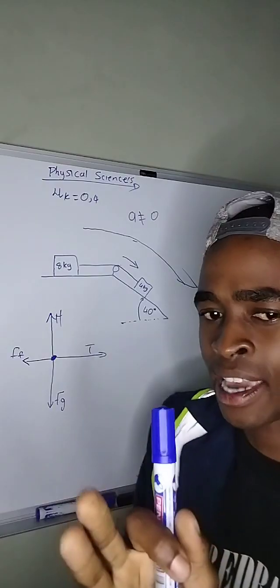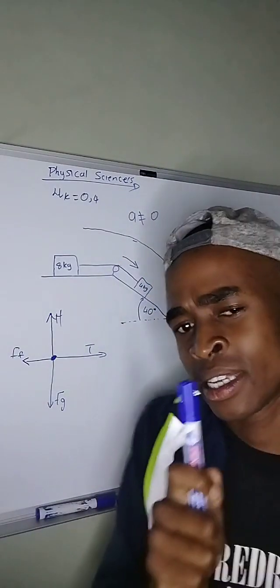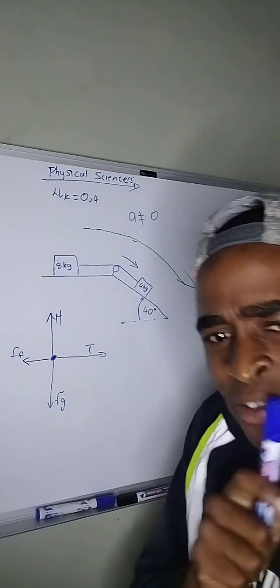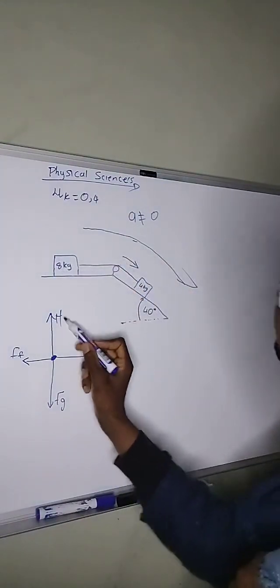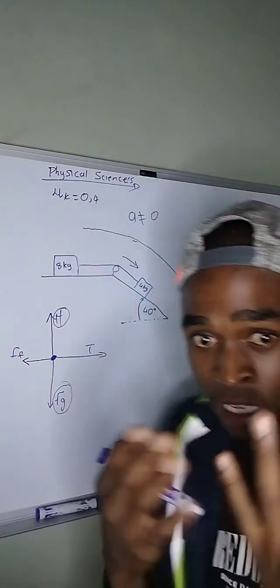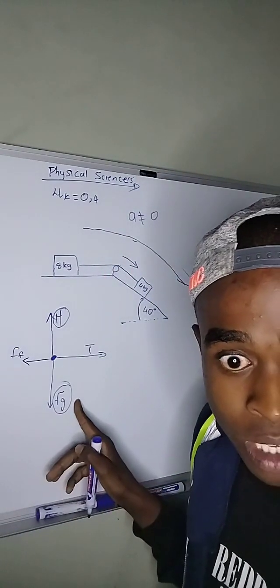So whenever you have an inclined surface, how does it affect the normal force and the force of gravity? Well, okay, we know over here the normal force will be equal to the force of gravity. Is that true?